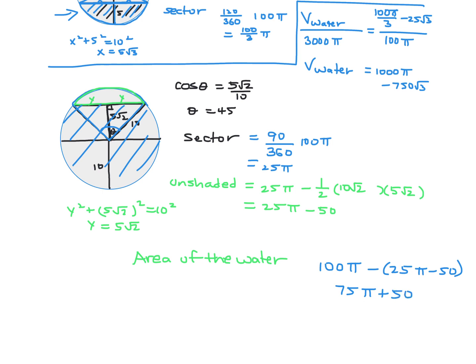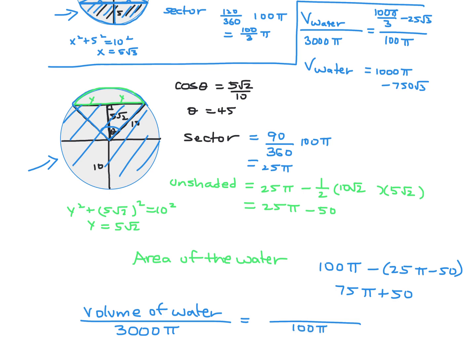Right. Okay, so now finally we can figure out the volume of the water. So now the volume of the water, this new volume, is basically a ratio over the total volume, if the cylinder was full, over the ratios of the area. So the total area is 100 pi, and the area of this shape right here, we just figured out, so you put the 75 pi plus 50.